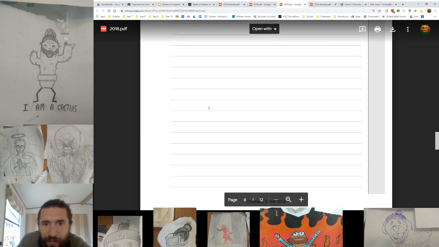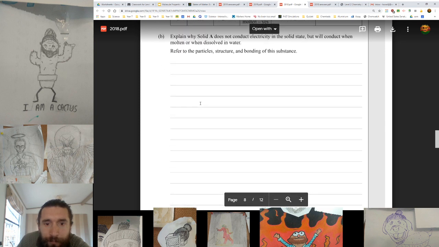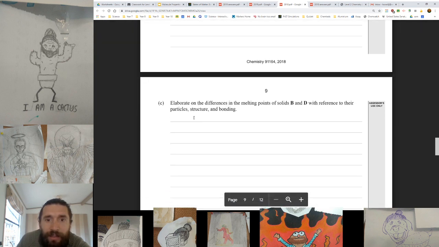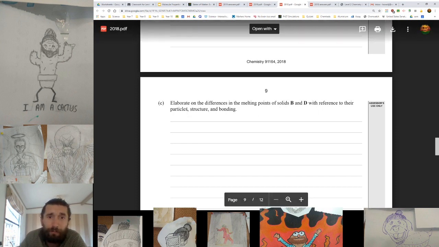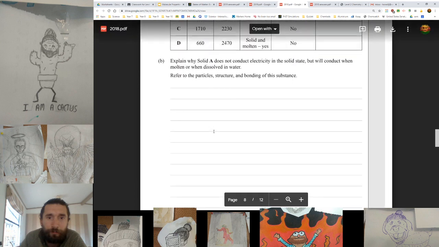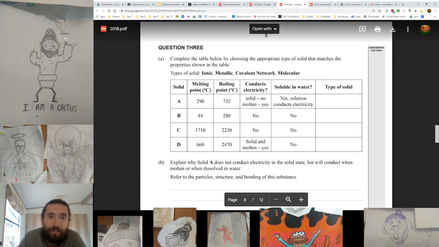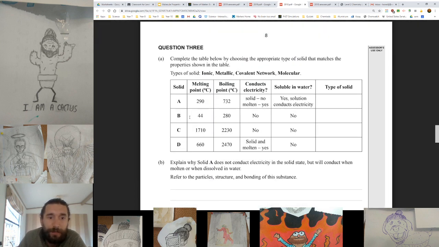Let's have a look at a molecular question. B. Elaborate on the differences in the melting points of solid B and D with reference to the particle structure and bonding. So we'll just talk about B. B is a molecular substance, and the particles are held together by weak intermolecular forces.